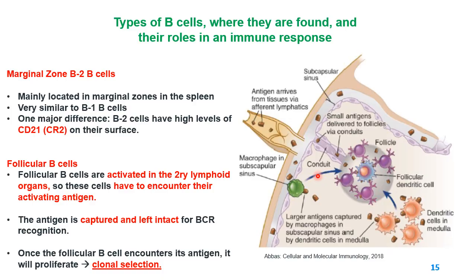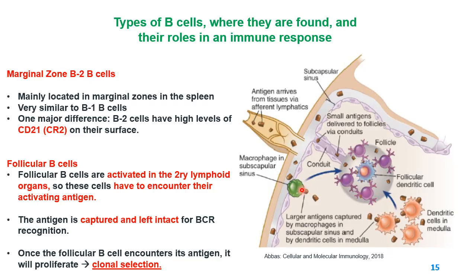Now remember that in order for the B cell to see antigen, it has to see the whole thing, it has to see it in 3D. So this antigen presenting cell is just going to pick it up very carefully. It picks up the antigen and brings it, without destroying it, to the B cell and then gives it to the B cell. Okay, so this is a different type of presentation in comparison to the T cell.